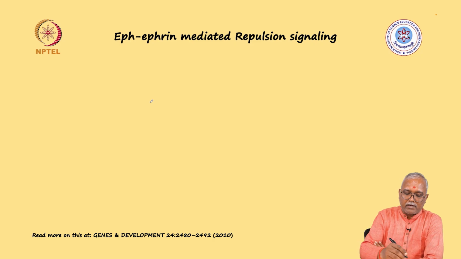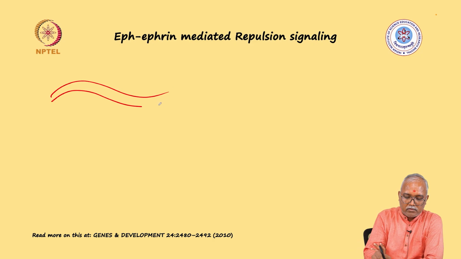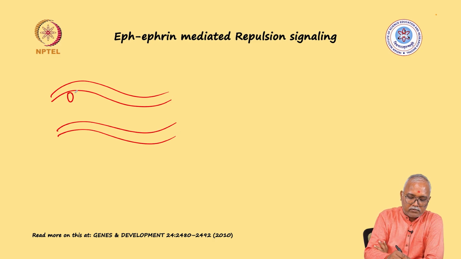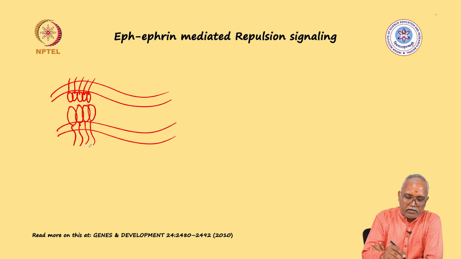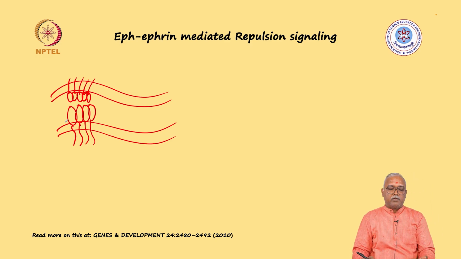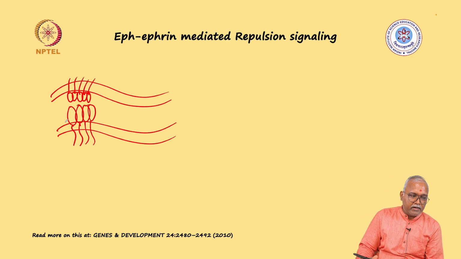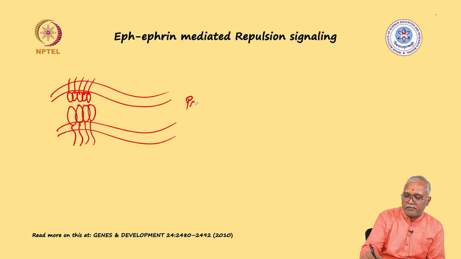So, what will happen in transcytosis? Consider the same scenario of the two cell membranes, multiple of these ephrins which are over here, and they engage in productive signaling, and here for whatever reason you are not having that protease activity.